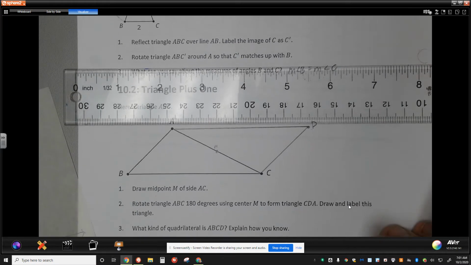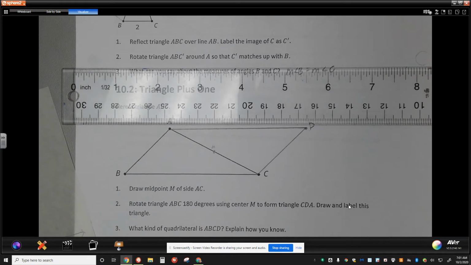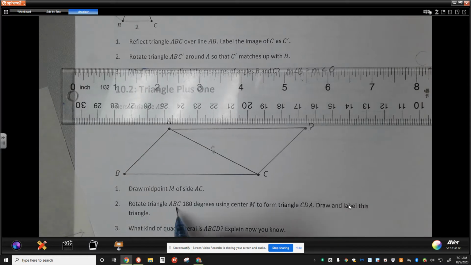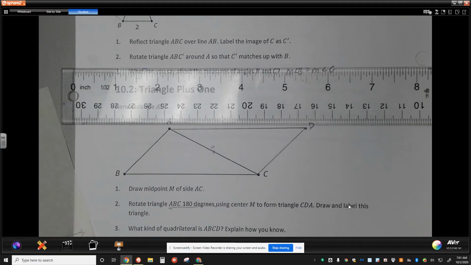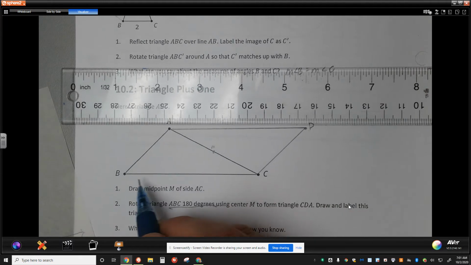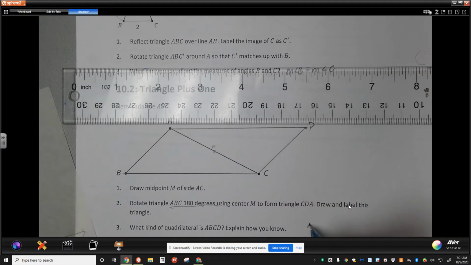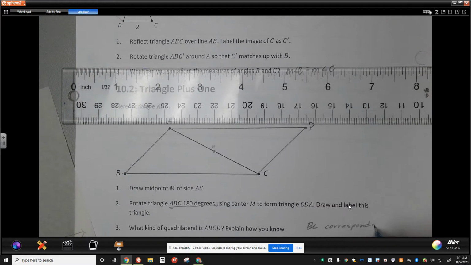Using the properties of rigid motion, we have a few things to consider and remember, specifically about a 180 degree rotation. Recall that under a 180 degree rotation, one of the consequences is that lines that are rotated, their image will be parallel to each other. So their corresponding segments must be parallel to each other. What that tells us is that segment BC is corresponding with segment AD.